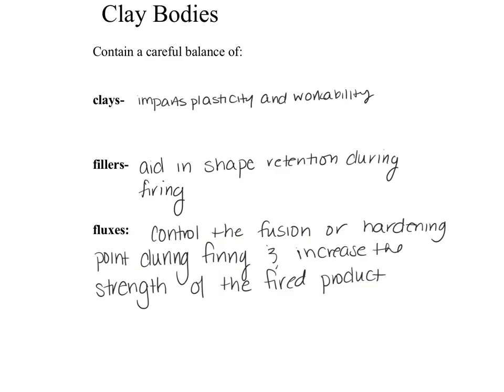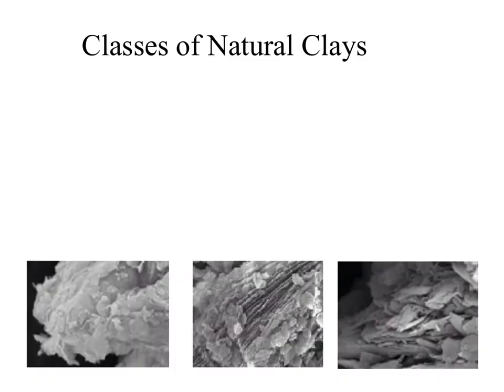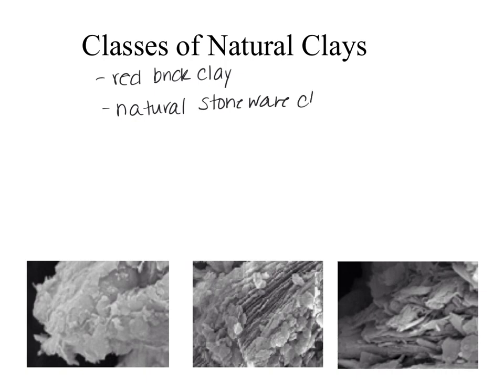So there are many different kinds of clays that you can purchase. There are these clay bodies. There's red brick clay. So I grew up in East Tennessee and people talked about red clay. There's natural stoneware clay. There's pure kaolin.